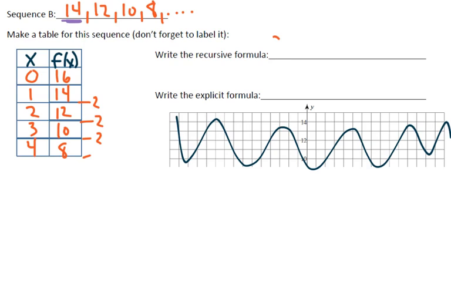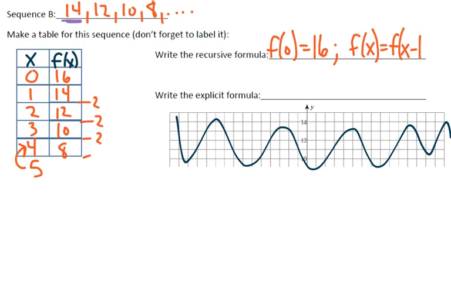So for our recursive, we go f of 0 again, same format, equals 16. And then we say, okay, if I wanted to get to that next term, if my x were 5, we take that previous term, so x minus 1, or 5 minus 1, which would give us 4, which is 8, and then what did we do to it? We subtracted 2. So there's our recursive formula.